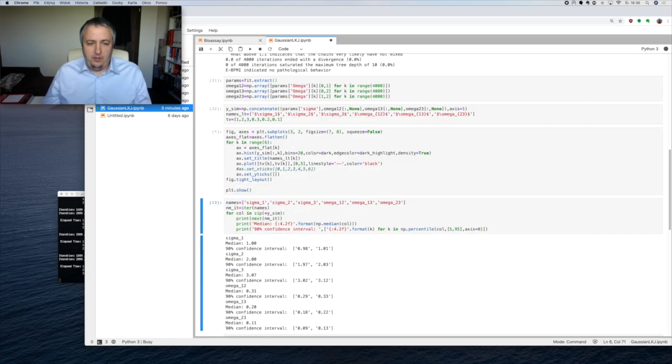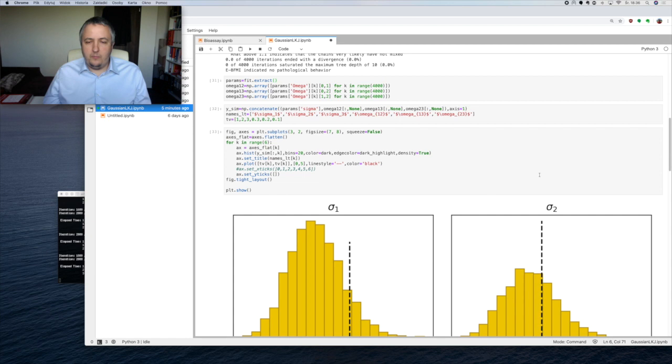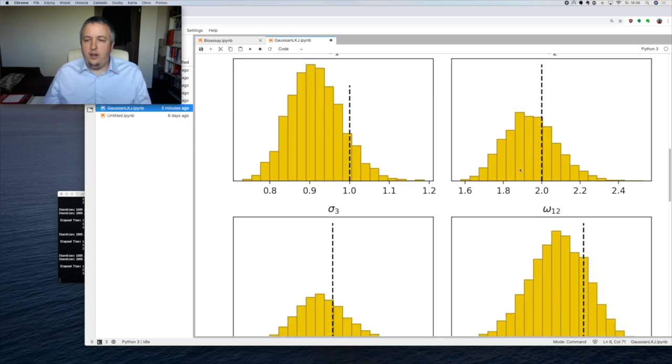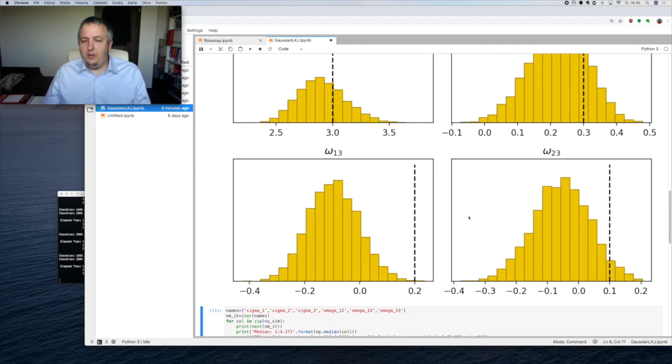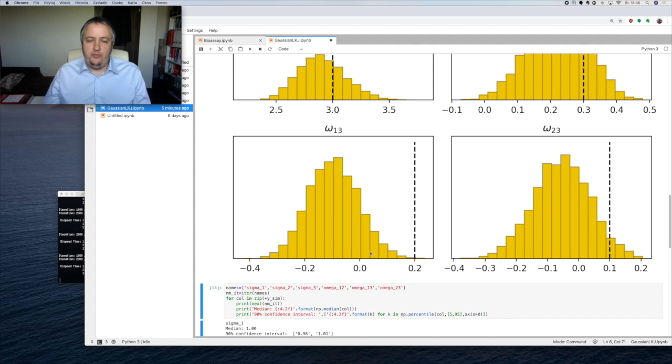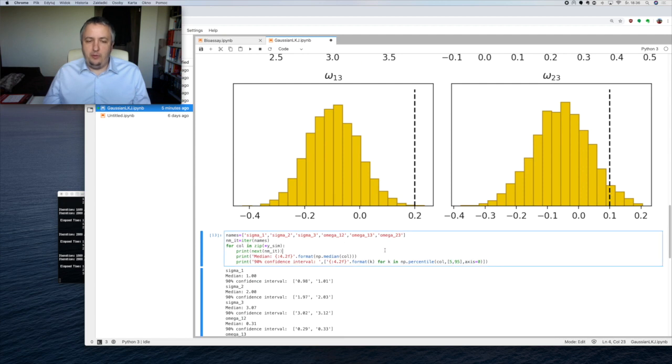If we get our parameters, as you can see, we still have rather thin confidence intervals, and we are located relatively well within them, except for omega 1,3, where we are a bit outside of the main probability mass.